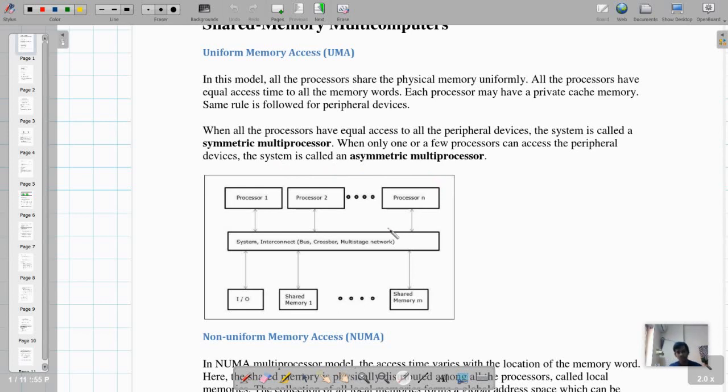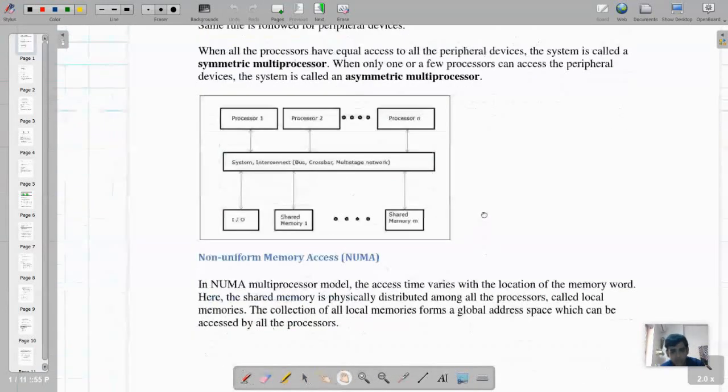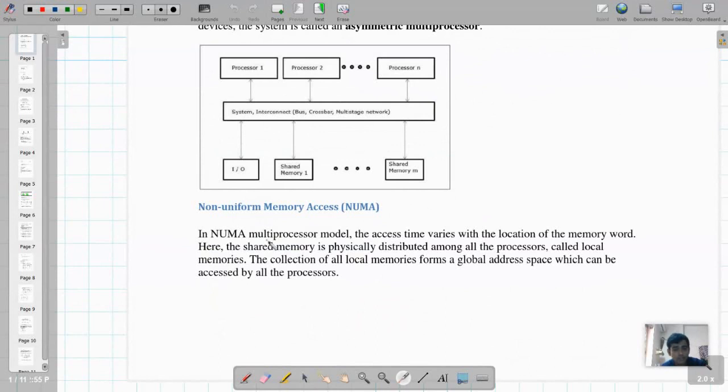So, in a nutshell, what was the idea behind uniform memory access? You have a shared memory space, and this shared memory space can be equally accessed by n different processors through an interconnection network. Now come to the next model, which is the non-uniform memory access model or NUMA model.